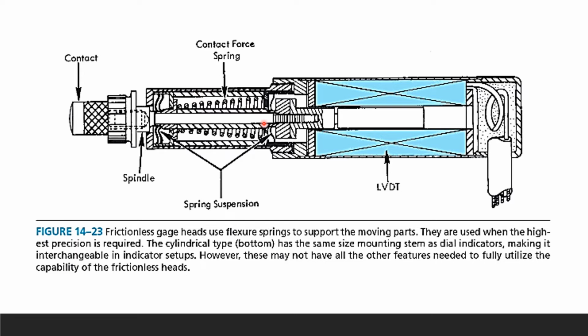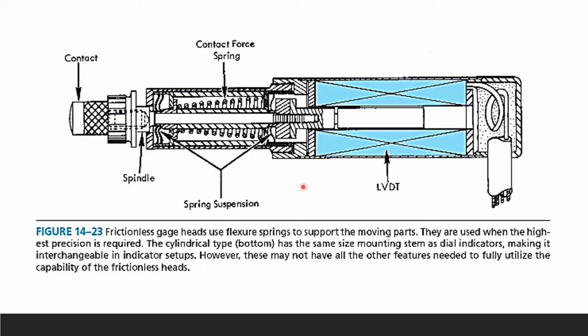And they use flexure springs. So here you can see right there, the contact force spring, and spring suspensions right there to support the moving parts. So they're used when the highest precision is required.